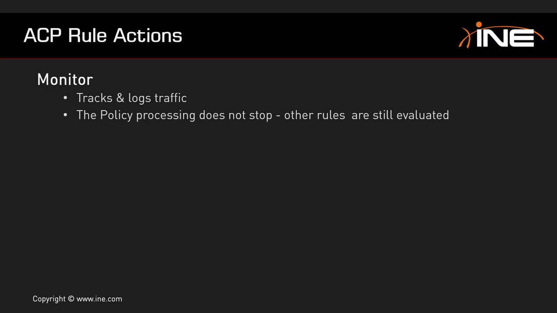So this is the only exception to the general processing mechanism of FTD, which says that when I have a match in my policy, I'm going to stop the evaluation. The monitor action is not a so-called final action. Maybe some of you are familiar with WSA. The WSA uses a concept of intermediary and final actions.